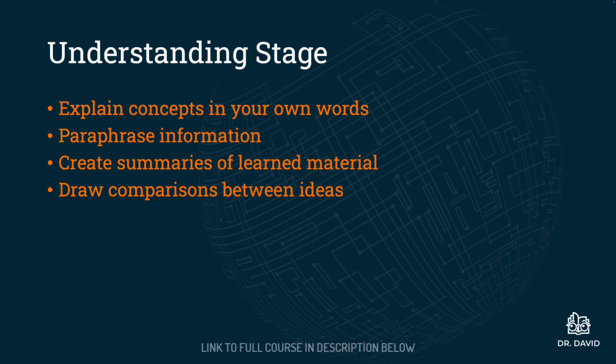What are the main vocabulary terms that we went over? How would you define each of those terms? How are they connected to each other, or how are they connected to concepts that you've learned in previous lectures? And finally, draw comparisons between ideas. So compare and contrast. Early in the course, in Domain 1, we're going to talk about the different methodologies for training artificial intelligence.